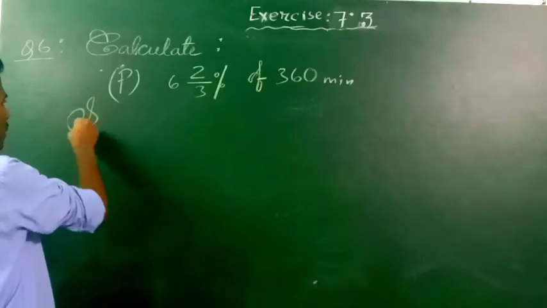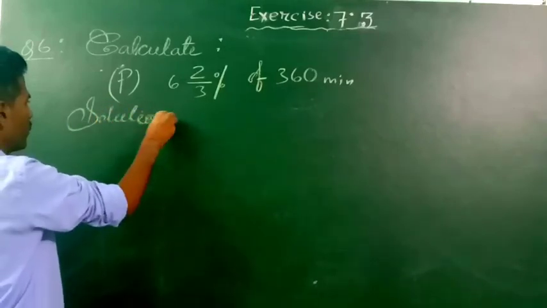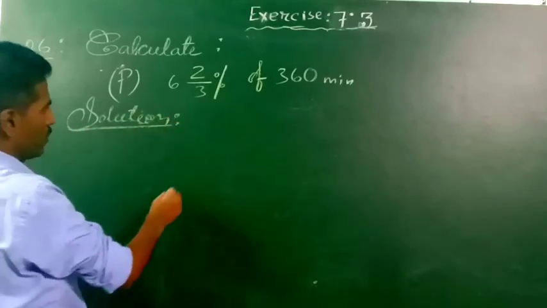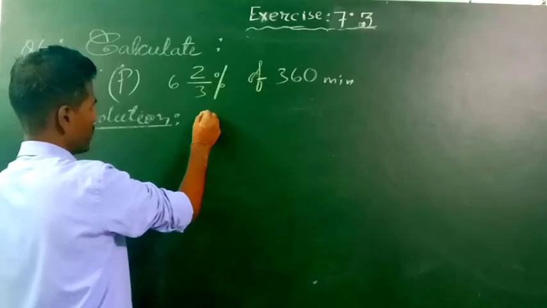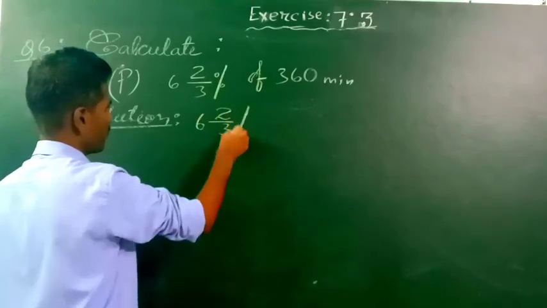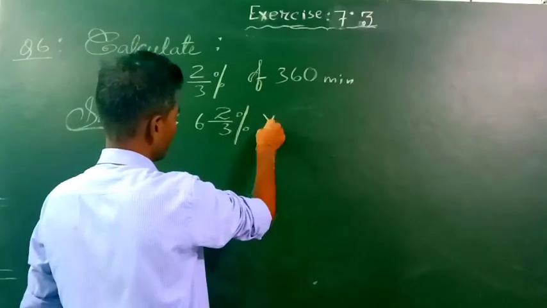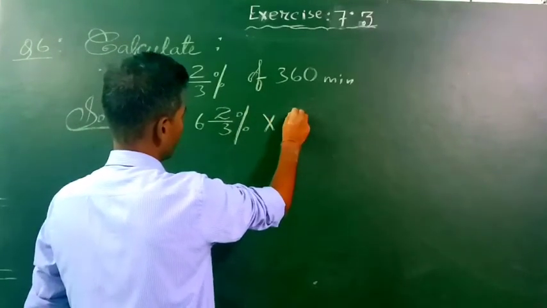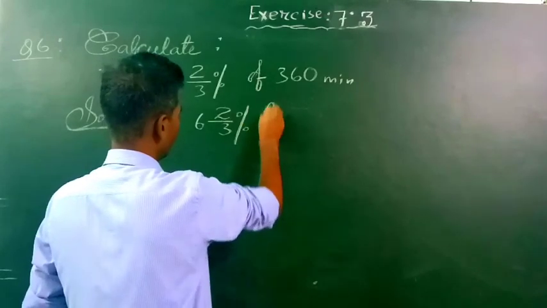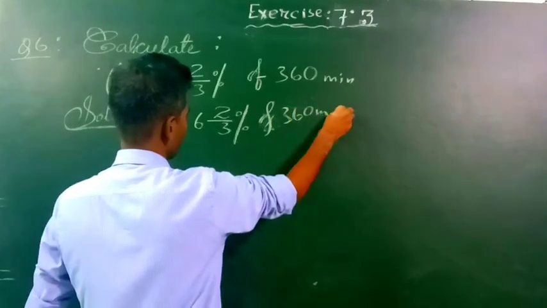Solution. Our question is 6 and 2 by 3%. Of means into, and what you got here? 3. Of, let me write of 360 minutes. This is our question.